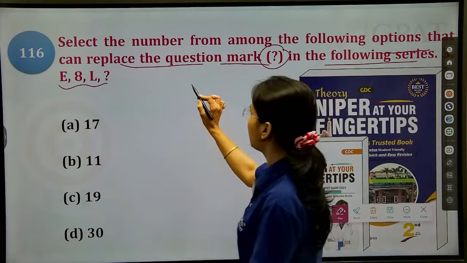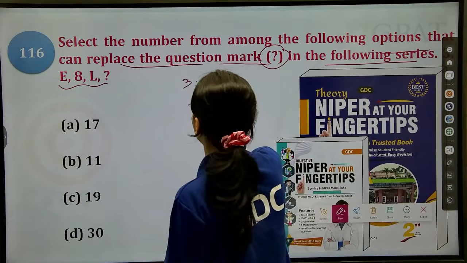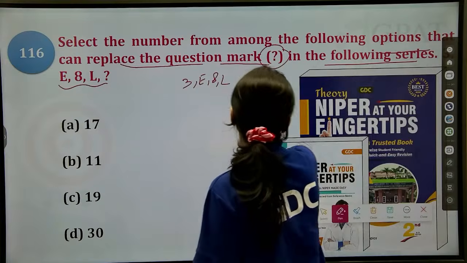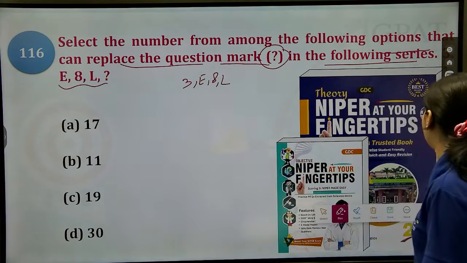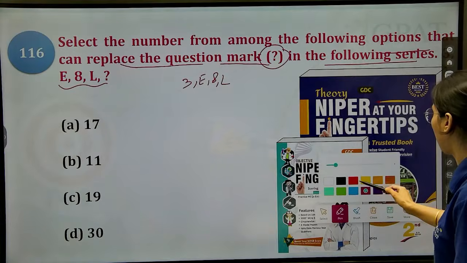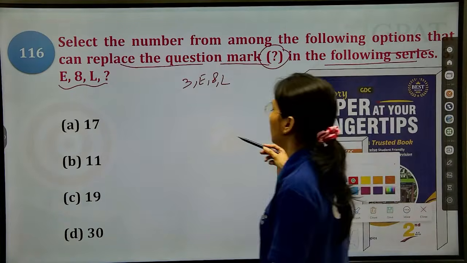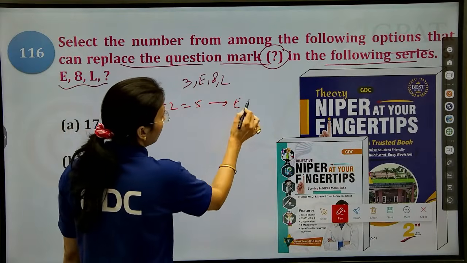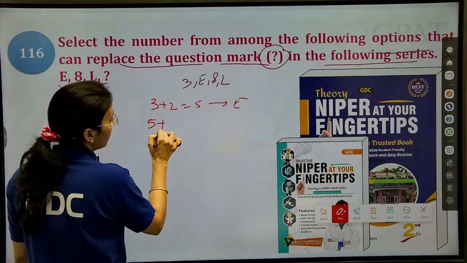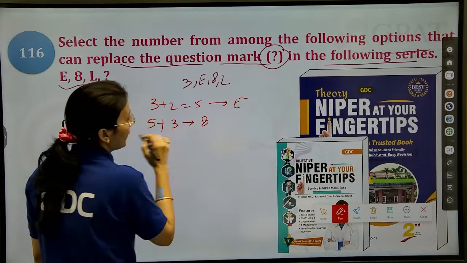So as you can see, there is 3, E, 8, L. 3 plus 2 is equal to 5, that is E, and 5 plus 3 is equal to 8.